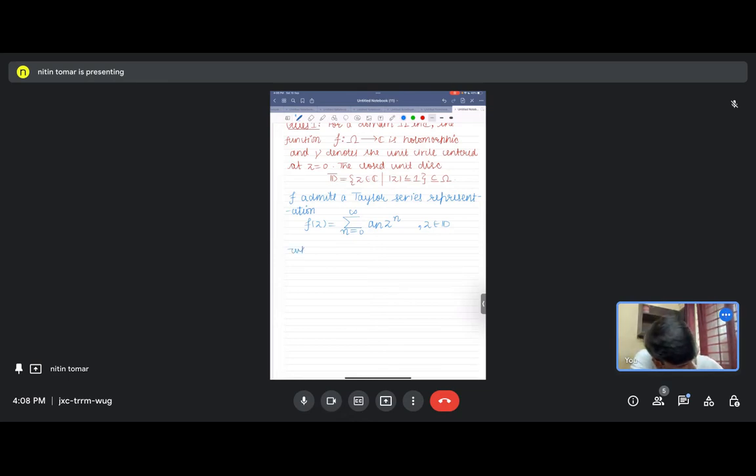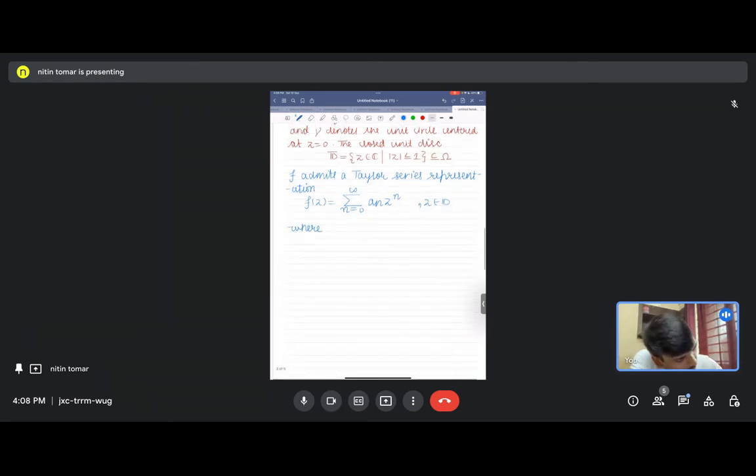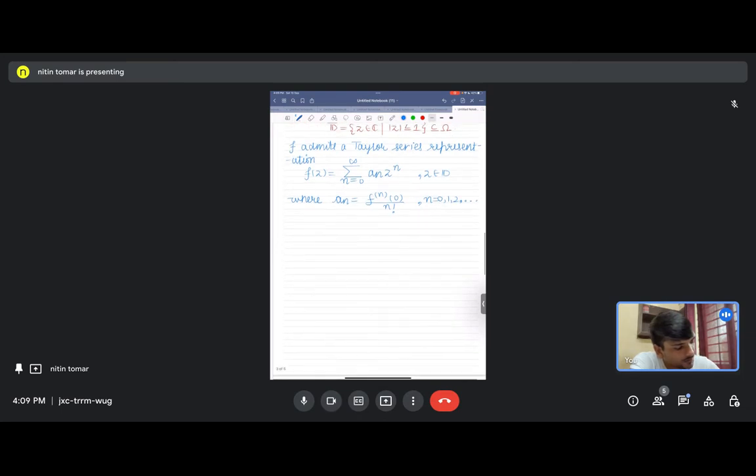Where you can also determine this coefficient, right? Where a_n is, what will a_n be? Anyone? Directly, if you write it, it will be the nth derivative of f at 0 divided by n factorial, for all n in 0, 1, and so on.